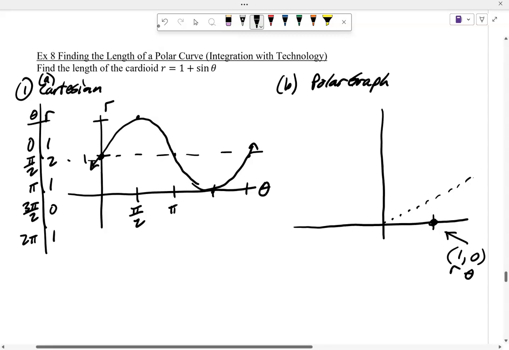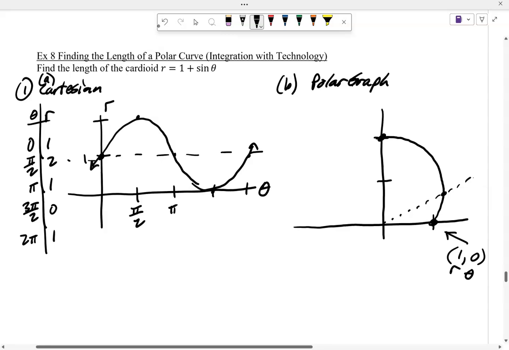Sine of pi over 6, you got a half, so a half plus 1 is 1.5, so you're out 1.5. So it's kind of coming around, a distance of 1.5 there. Let's do pi over 2 too. I rotate pi over 2, I'm up 2. It's kind of coming around.